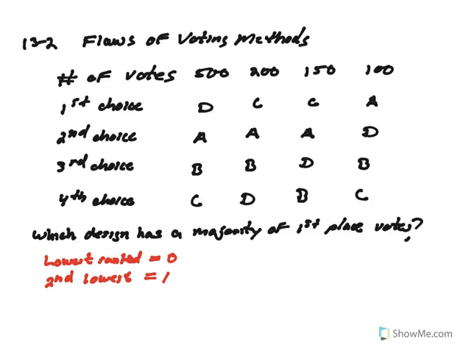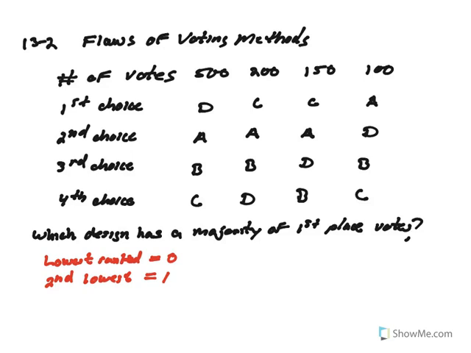So going back to the question, which design has a majority of the first place votes? In order to find that, we must find the total number of first choice votes and then determine which design received more than half of these votes. Remember that half definition? So we go to the first choice row and count the total number of votes.